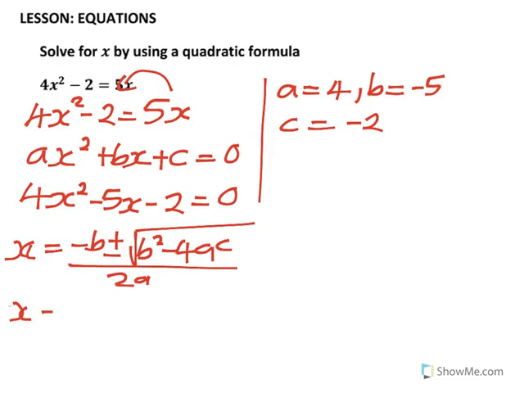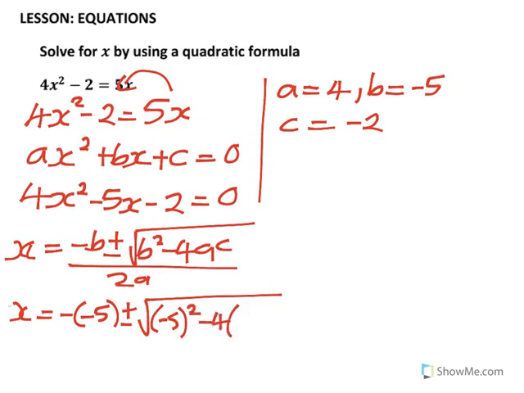So x is equal to minus b, but b is minus 5, so it's minus minus 5, plus or minus the square root of minus 5 squared minus 4 times a, which is 4, and c, which is negative 2, all over 2 times a, which is 4.